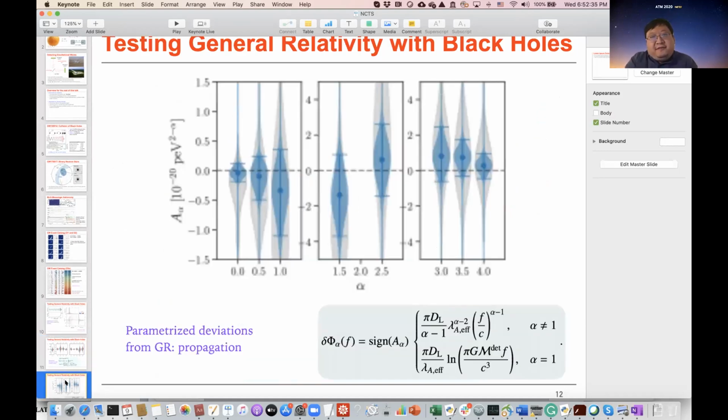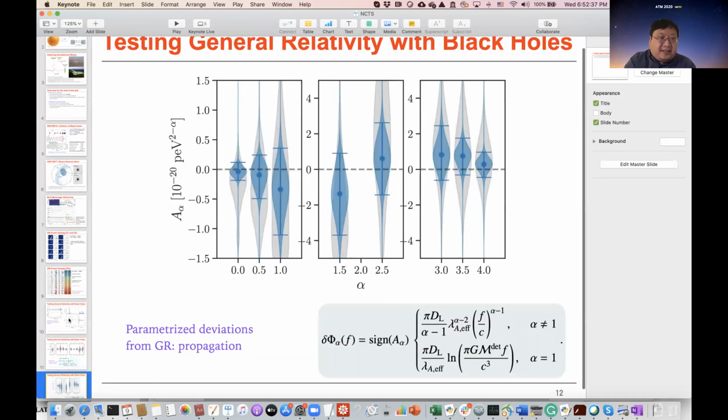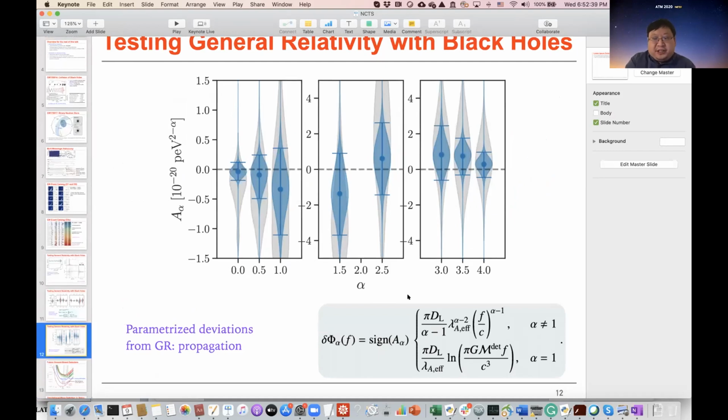And then finally, there's another parameterized test, which is regarding the propagation of gravitational waves through the universe. Here we assume that the gravitational wave at particular frequencies would gain a particular phase shift following a particular power law. This corresponds to a modified dispersion relation.